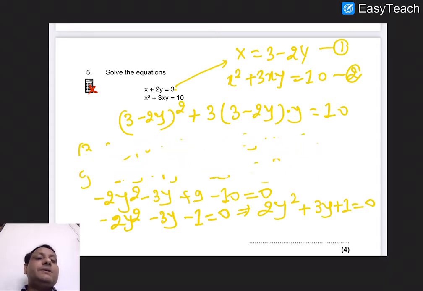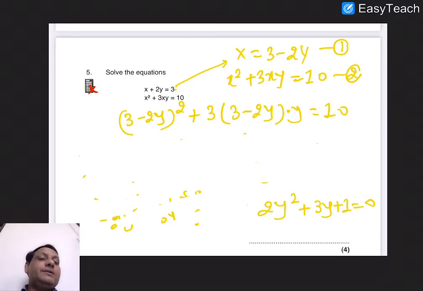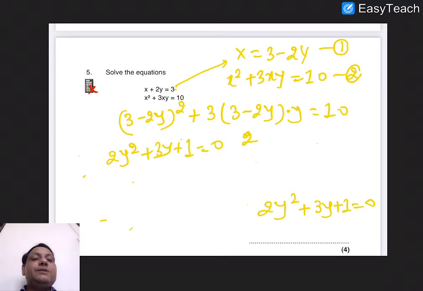For that reason, you see what we are going to do: this is the equation we have here, 2y square plus 3y plus 1 is equal to 0. So we factor 2 into 1, which is 2, and the factors to get 3 are 2 and 1.